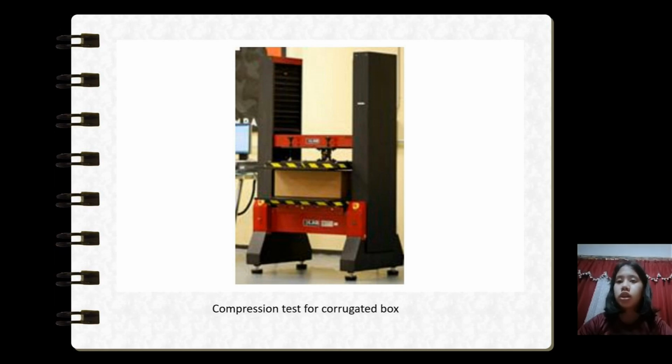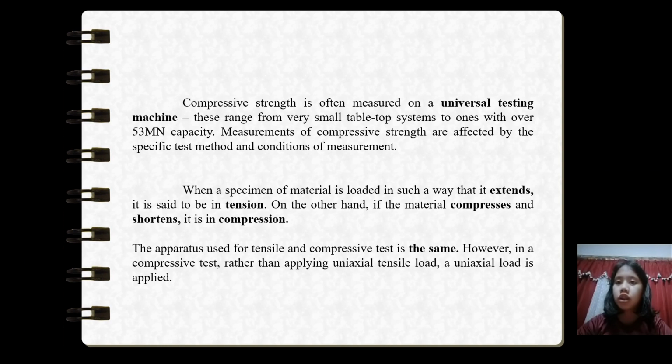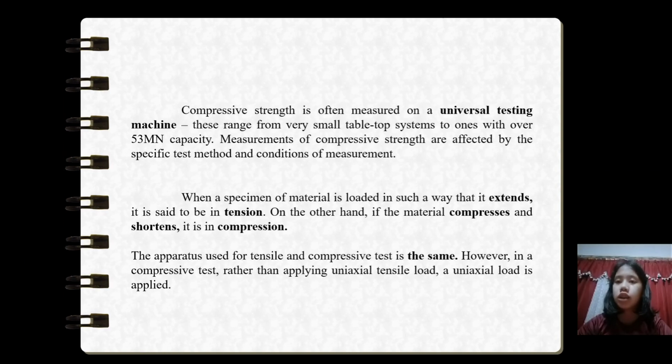A hydraulic press can also be used for compression testing. Compressive strength is often measured on a universal testing machine. These range from very small tabletop systems to ones with over 53 meganewton capacity. Measurements of compressive strength are affected by the specific test method and conditions of measurement.